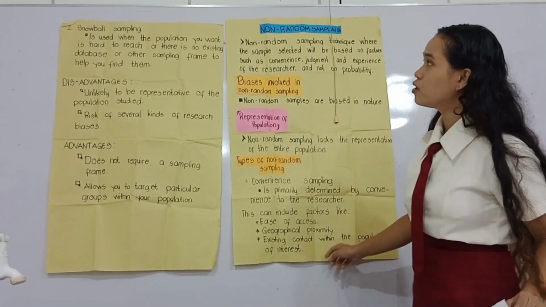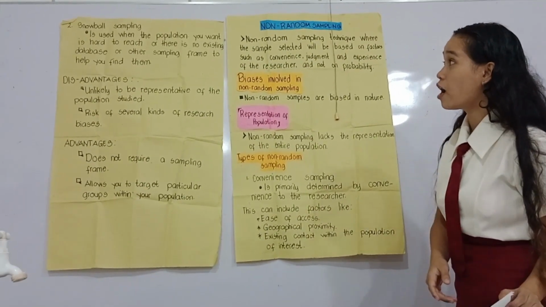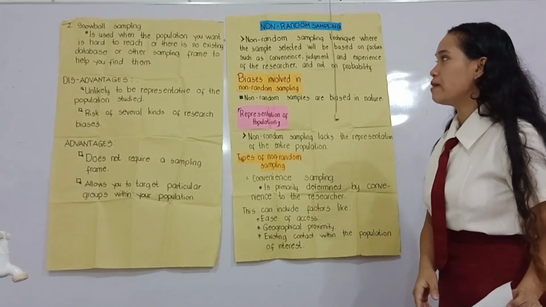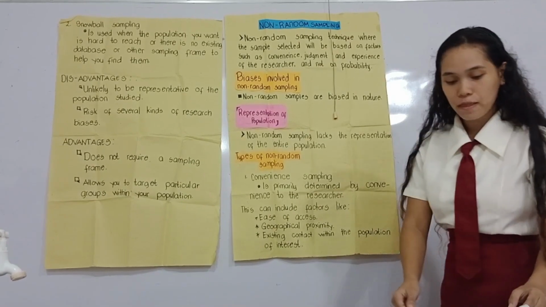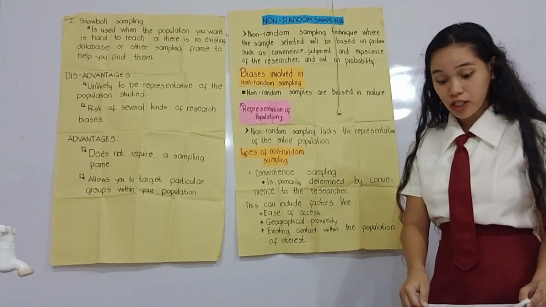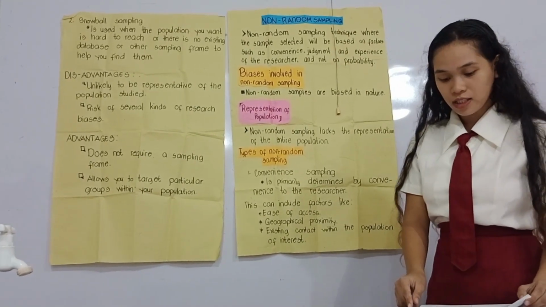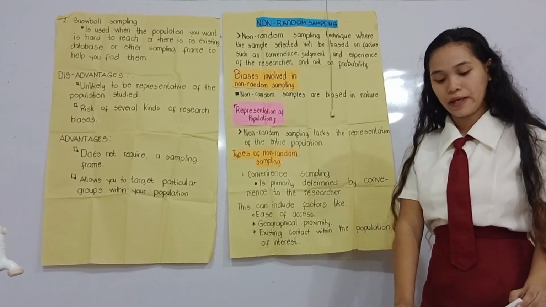Second, snowball sampling. It is used when the population you want is hard to reach or there is no existing database or other sampling frame to help you find them. Research about socially marginalized groups such as drug addicts, homeless people, or sex workers often uses snowball sampling.